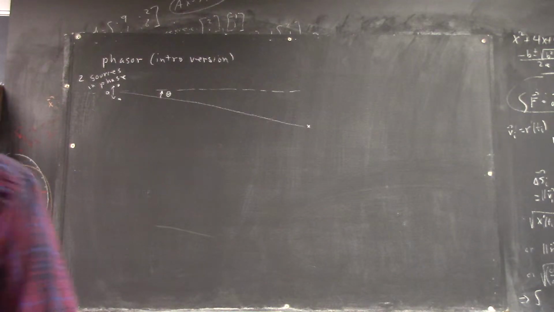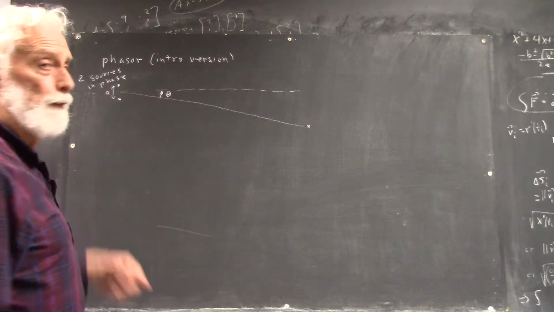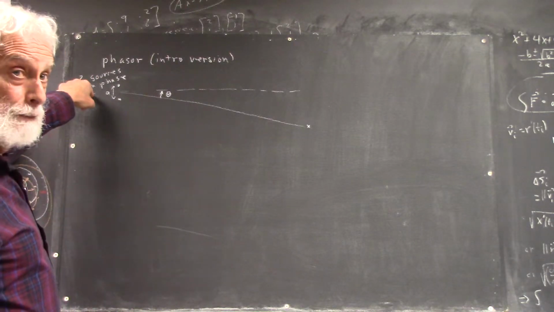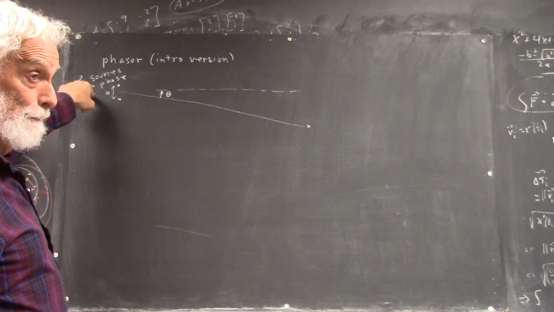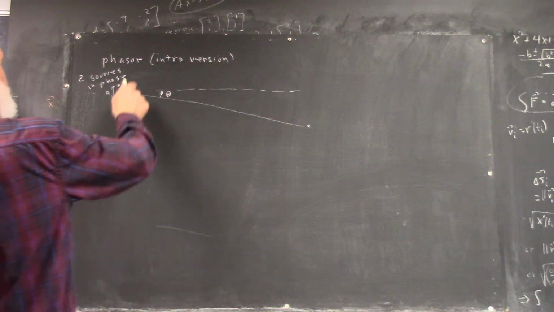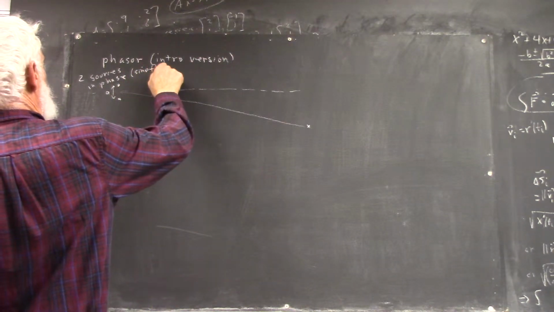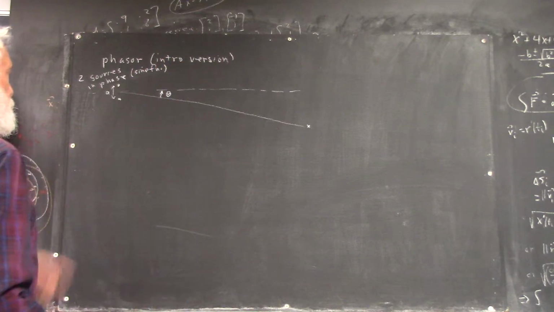Okay, so, an introduction to the phasor version. You've got two sources in phase, and there's some sine function that gives you the phase.